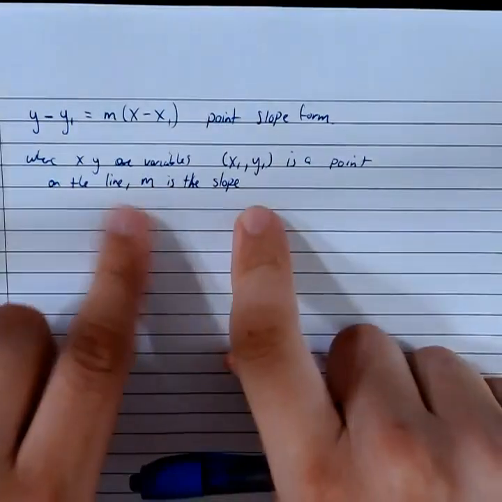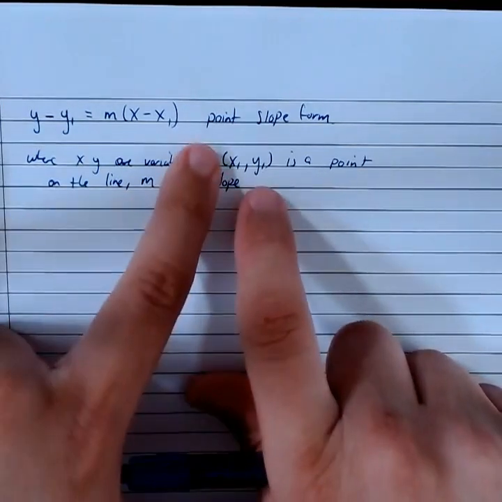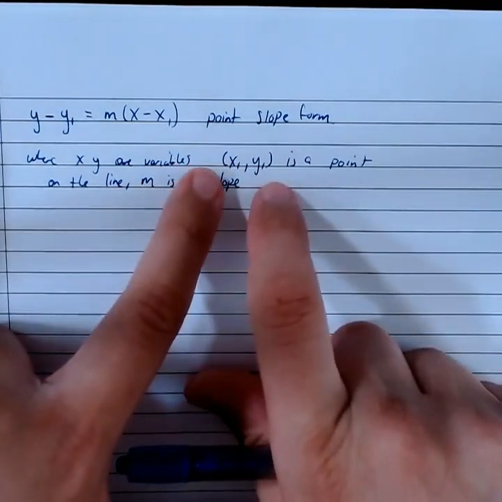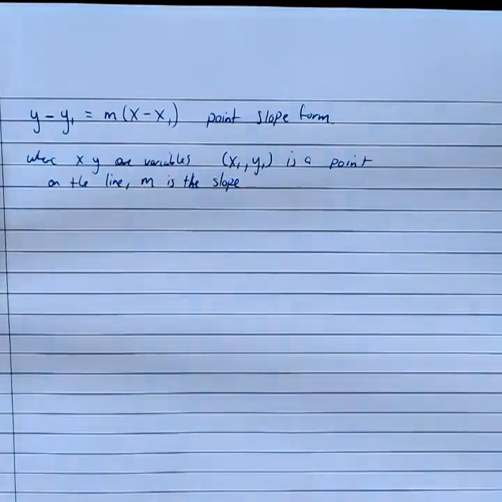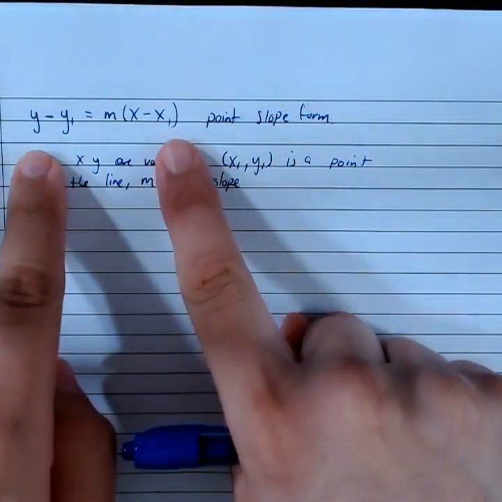So here, what we have is something similar to the slope-intercept form, except that with the slope-intercept form, you need the slope and the y-intercept. Here, you still need the slope, but you no longer need the y-intercept. As long as you have any point on your graph, that'll be sufficient to create this kind of equation.